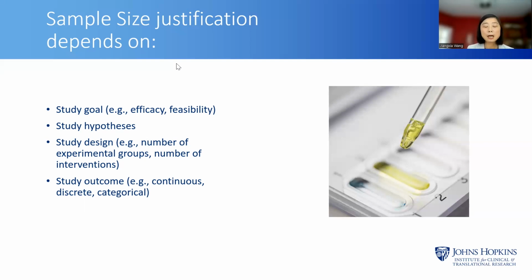Then the study design gives information such as how many treatment groups there are, how many interventions there are, and how those interventions will be implemented. As well as the study outcomes, whether it's a continuous outcome or a discrete categorical study outcome, they will decide what kind of statistical methods you will use, and therefore it will be used in sample size calculation.